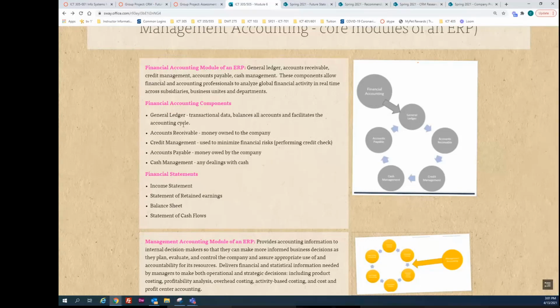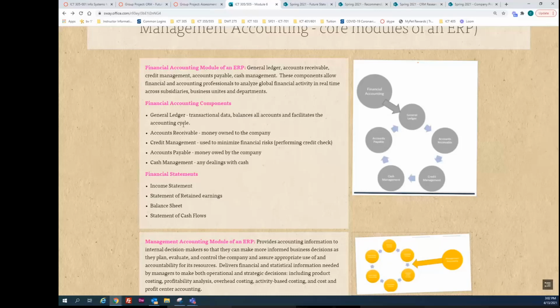General ledgers are essentially the transactional data. It's the balances of all accounts, really facilitating the accounting cycle: money coming in, money going out, money that might be invested, money that might be going to vendors, etc. It's all of the transactional data, money that's going to the IRS, money that's coming in from the IRS, whatever it may be.